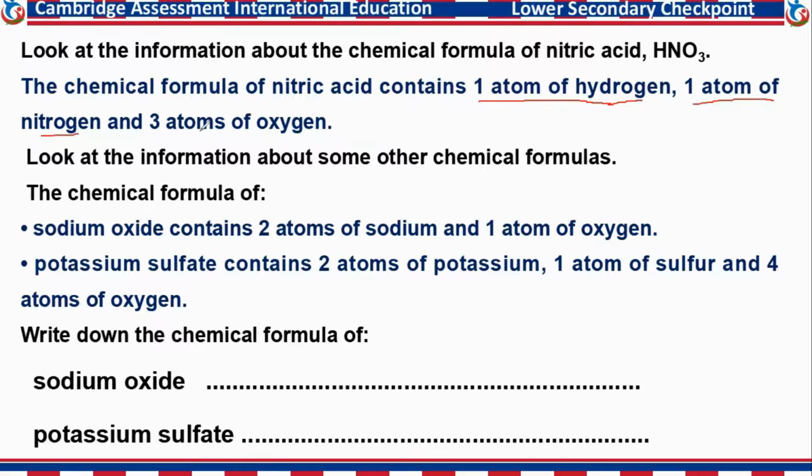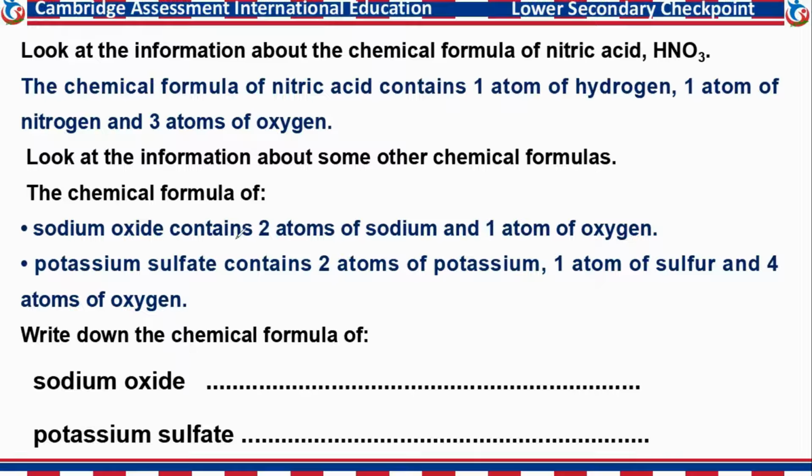But when we have 3 atoms of oxygen, we have the symbol for oxygen, and a subscript of 3 written immediately after the symbol. So when you have more than 1 atom, like in the case of oxygen here, you have that number written as a subscript. Based on this information, we're going to write the chemical formula for sodium oxide.